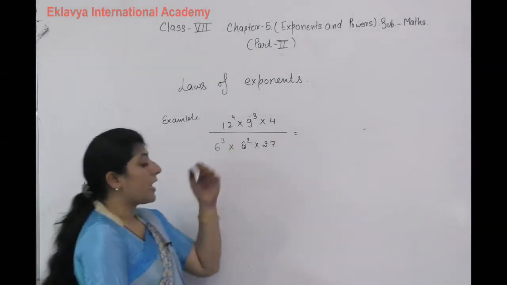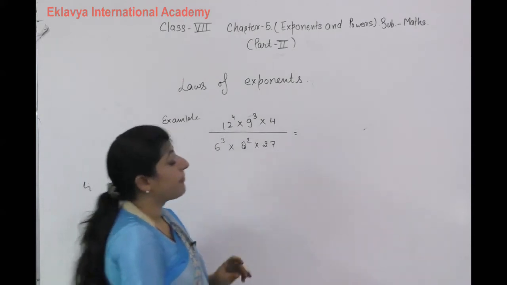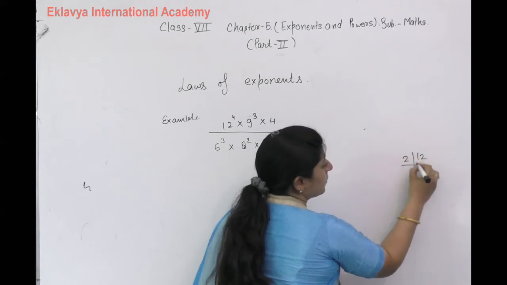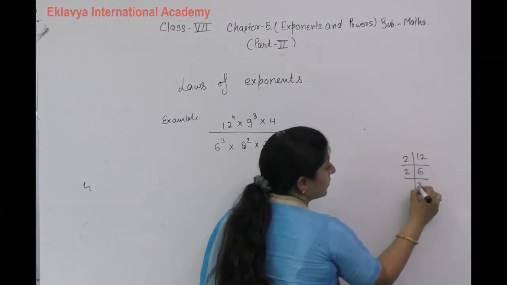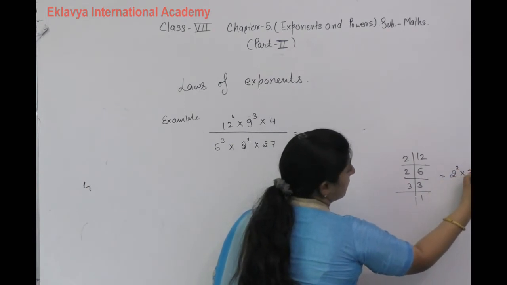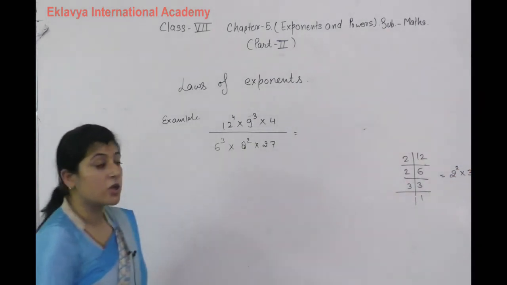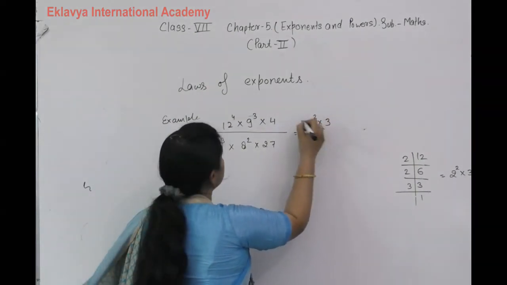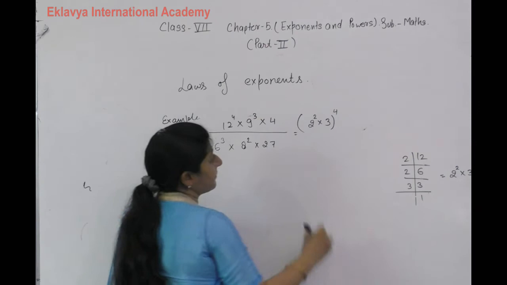See here, 12. Can we find the prime factors of 12? 12 is 2 times 6, 2 times 3 times 2, so it is 2^2 into 3. Yes or no? Then write this 2^2 into 3, but 12 to the power 4.